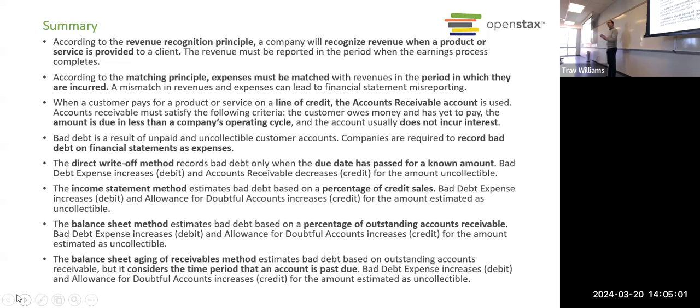There are some exceptions when we're dealing with longer term products or situations, but in most cases, that's the way it works. When you provide the product or service, you can count the revenue. And then the expenses related to that product or service have to be in the same period, which is why we have to estimate our bad debt for the sales that were in that period.